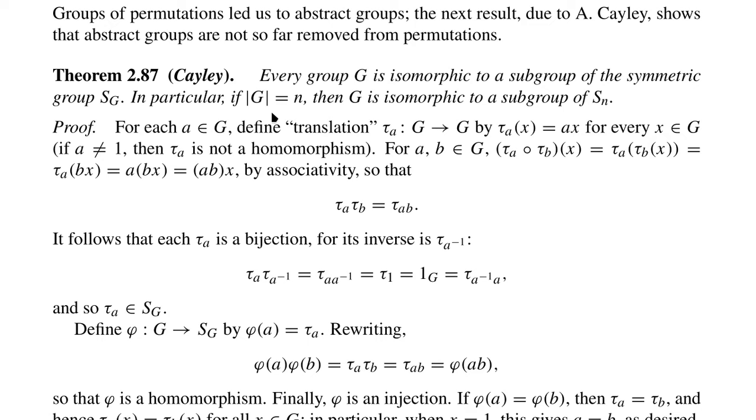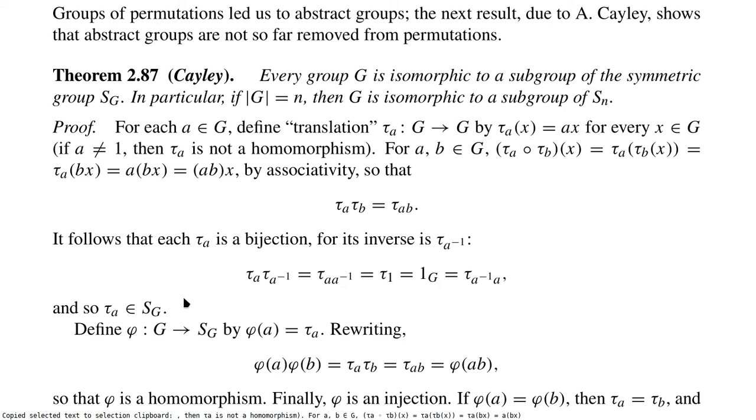Okay, so what you do is use this definition of the translation for two elements A and B. So you have tau of A and tau of B. You take the composition of those two translations and apply it on some element X of G. That will be tau of A acting on tau of B of X. Tau of B of X is just BX, so that will be tau of A of BX, and this is just A(BX), the multiplication under the group G. But as it's a group, it's associative, so you can have ABX.